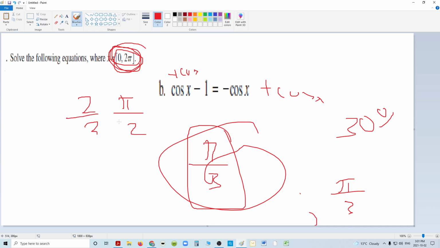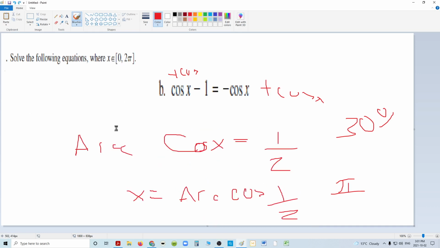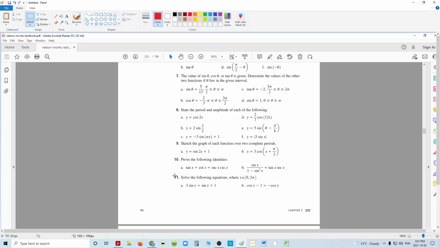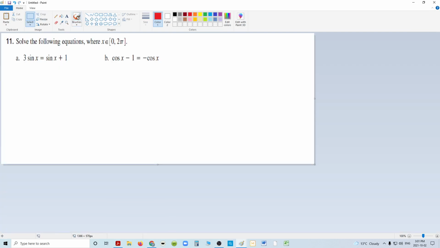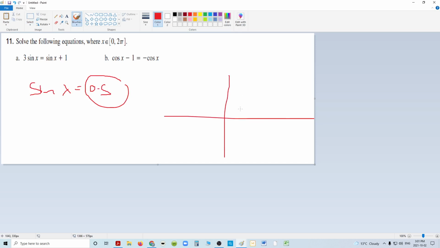Oh, actually, you know what? Good point. My mistake. So this first one, I discovered that sine x is equal to 0.5, and I determined it's 30 degrees, which is pi over 6. But this result's positive, and sine can also be positive over here.